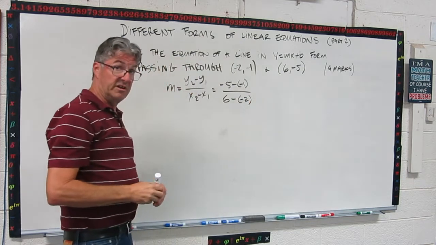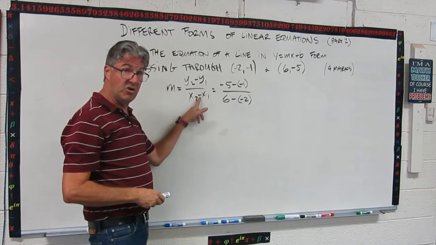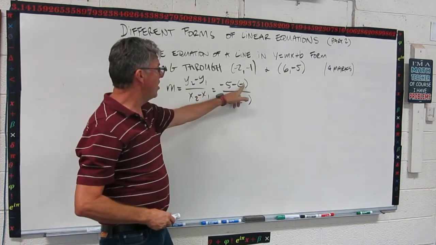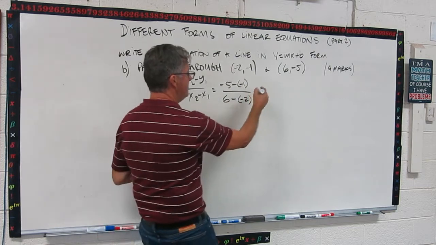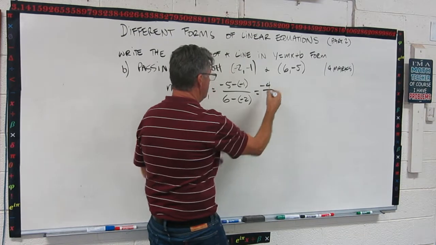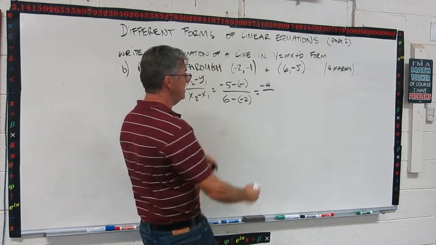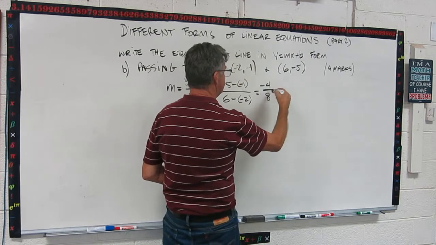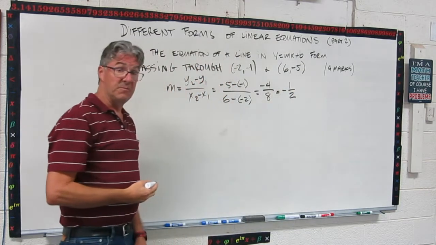And a little word here, just like with the point slope form, these negatives are part of the equation. So if the point is also negative, you have to keep track of that. So this is going to end up being -5 plus 1, which is -4, and this is 6 plus 2, which would give us 8. So this is -1/2. So that's my slope.